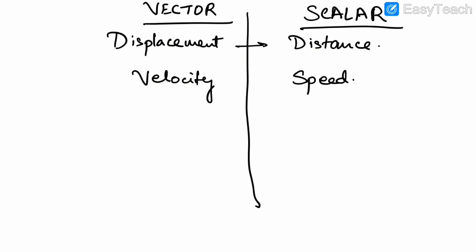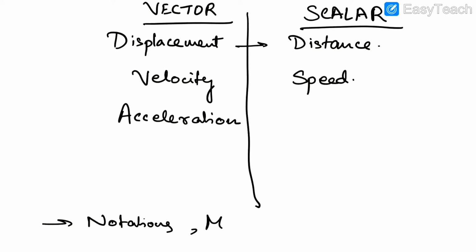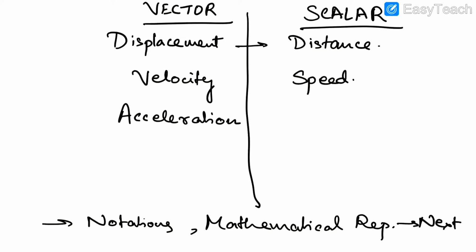There are many other terms you will come to know, like acceleration, which is also a vector quantity. The notations and mathematical representations of vector quantities we'll discuss in the next class.